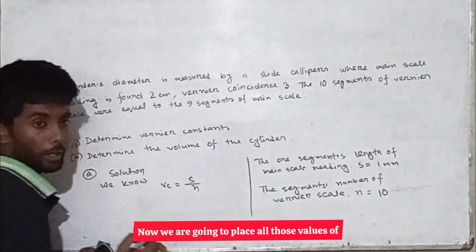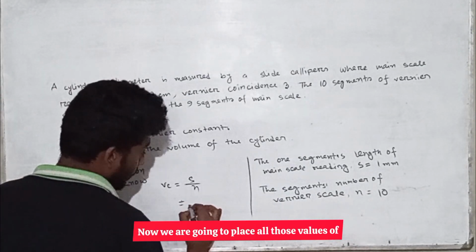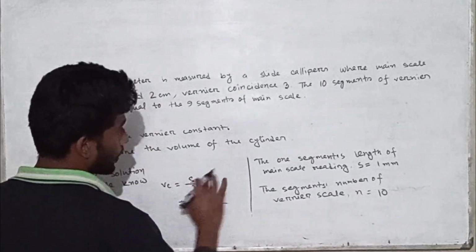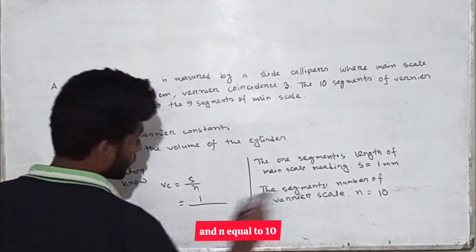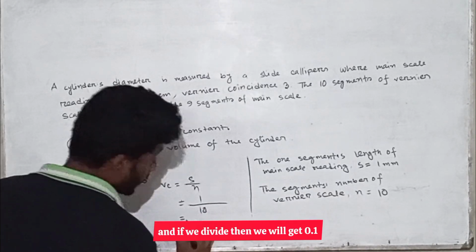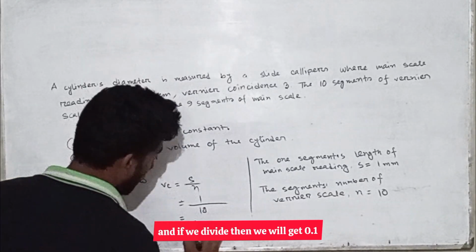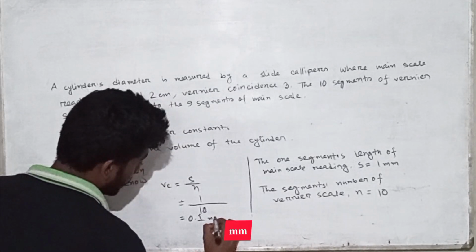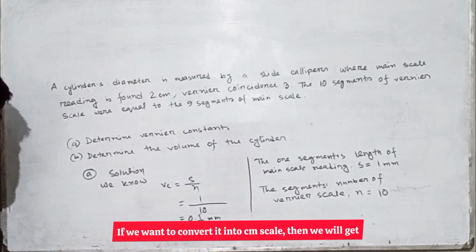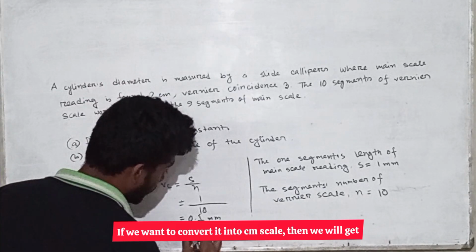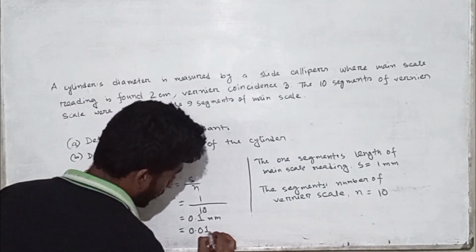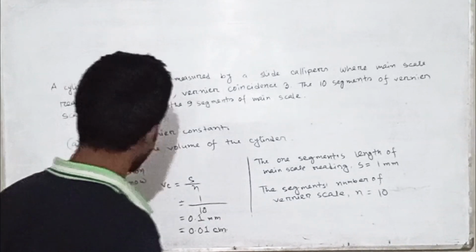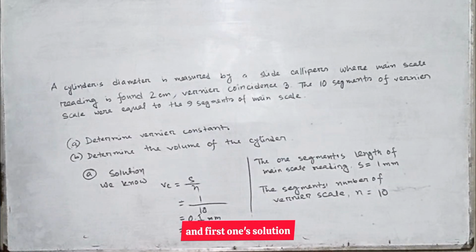Now we are going to place all those values and magnitudes. S is equal to 1 millimeter and M equal to 10, and if we divide, then we'll get 0.1 millimeter. If you want to convert it into centimeter scale, then you will get 0.01 centimeter. This is the first formula and first one's solution.